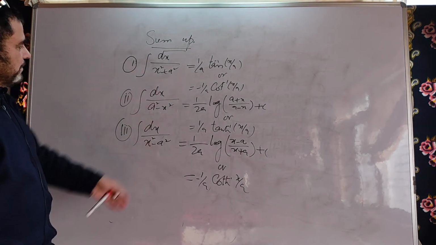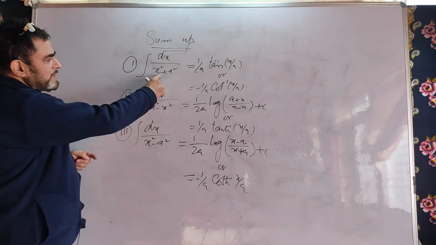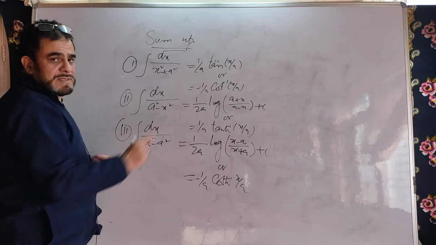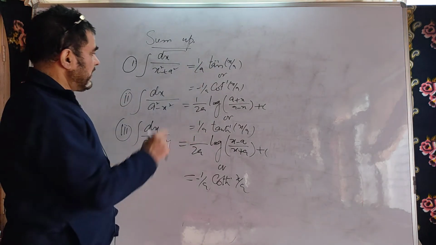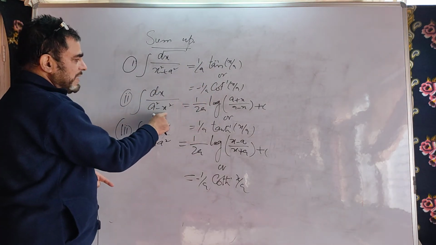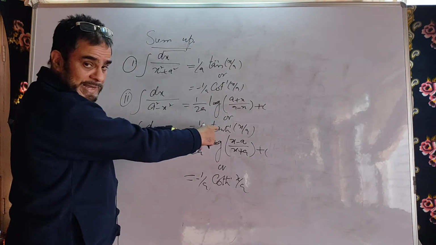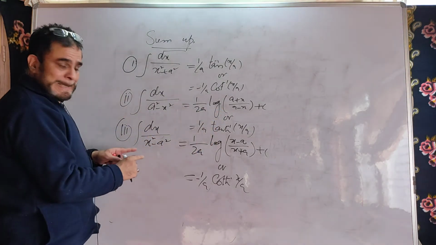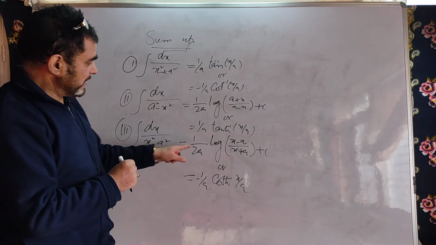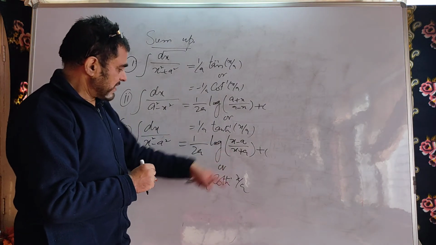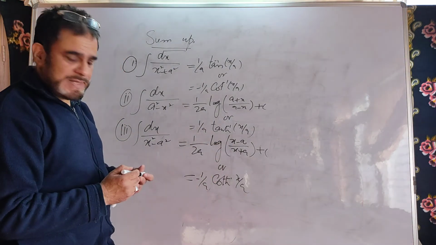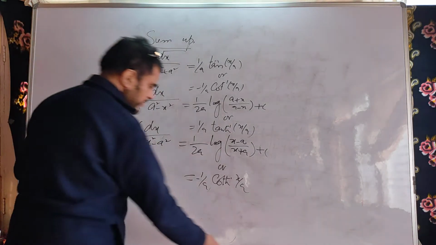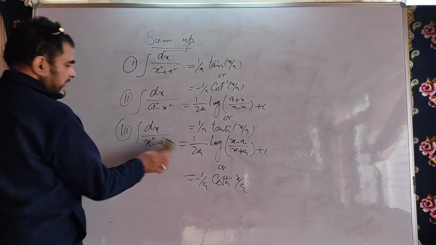You see the difference. x square plus a square, simple: tan inverse or cot inverse. a square minus x square is this or this, tan hyperbolic. Similarly, dx by x square minus a square is log of x minus a by x plus a, or minus 1 by a cot inverse hyperbolic x by a. This is the difference. These are three results you will remember.